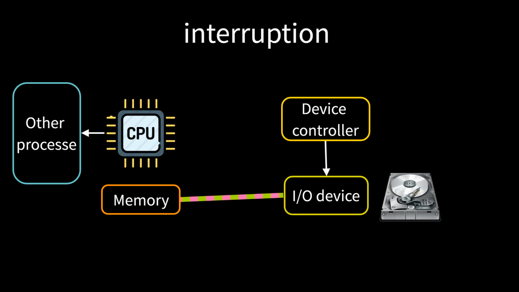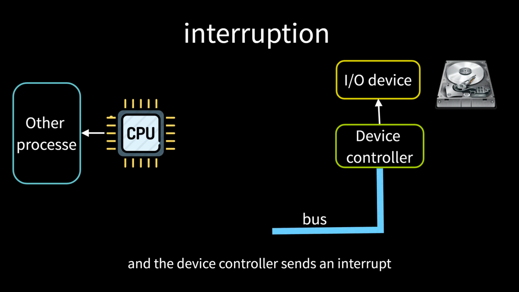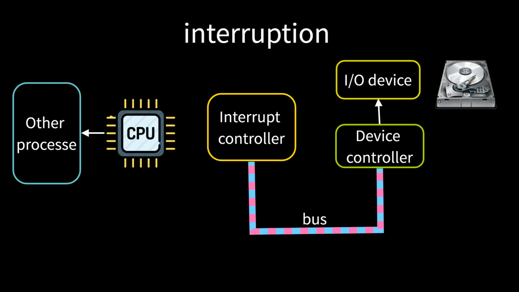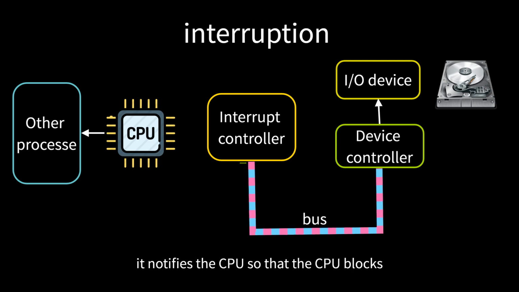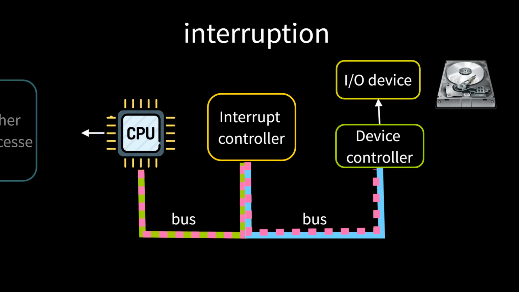At this time, the transfer is completed, and the device controller sends an interrupt request to the interrupt controller through a specific bus. If the interrupt controller thinks it can be interrupted, it notifies the CPU, so the CPU blocks the current process and starts processing the interrupt.